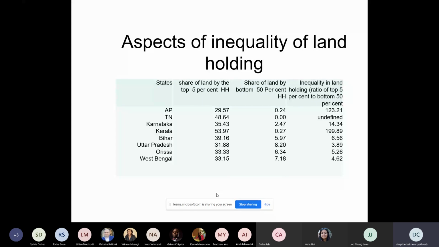And the second argument is this. I brought in the question of property right or landholding by women. I said that generally in India or in South Asia, women don't have property rights over land.